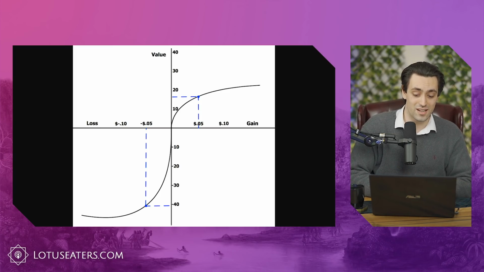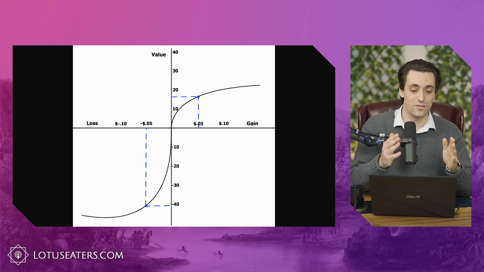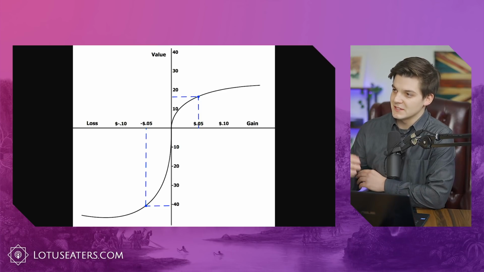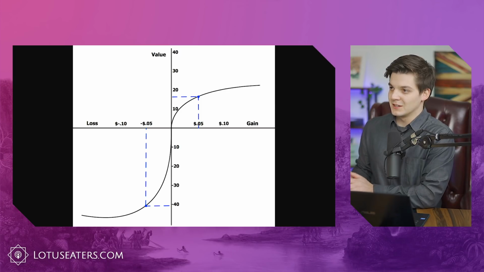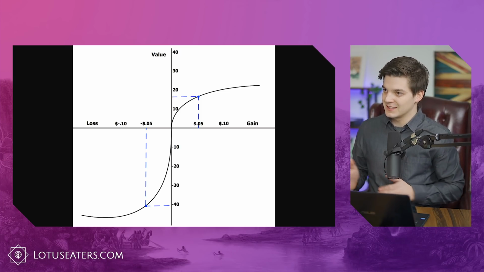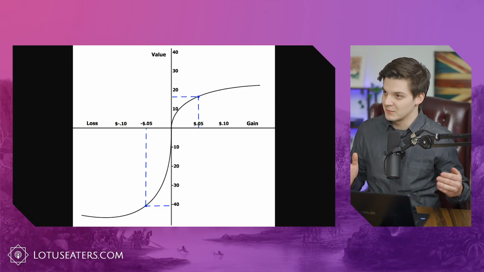And research has suggested that this is about 2-to-1 siding with the losses. So the average person is willing to forego twice the gain for a certain amount of losses. Potential gain, potential losses.